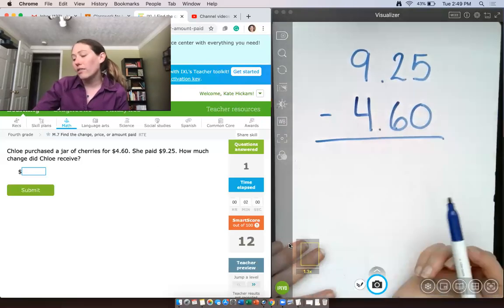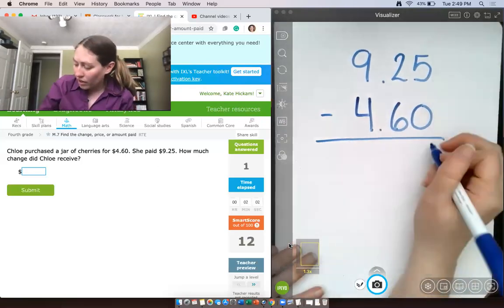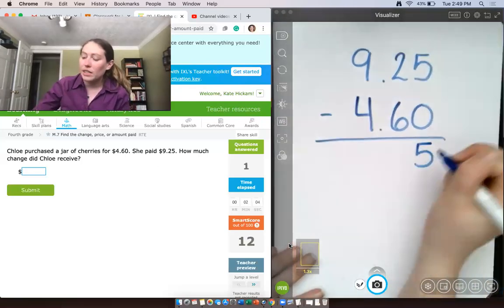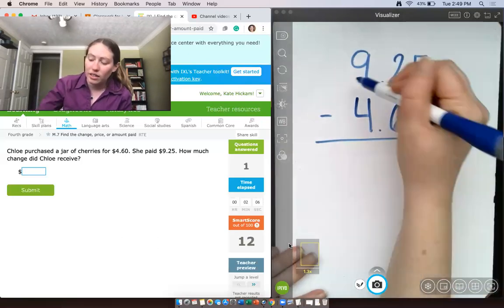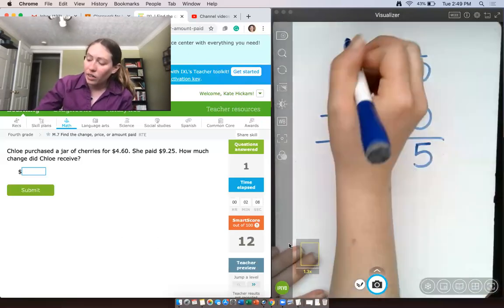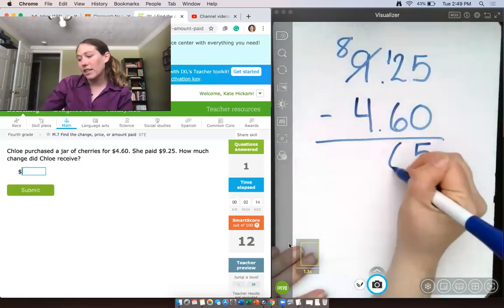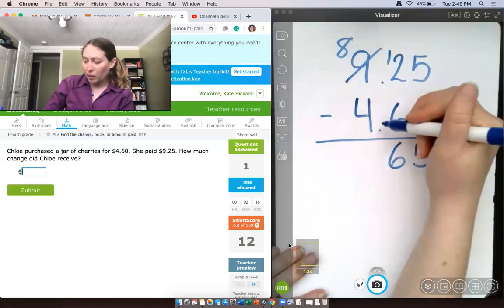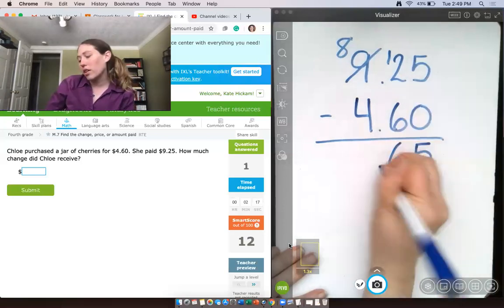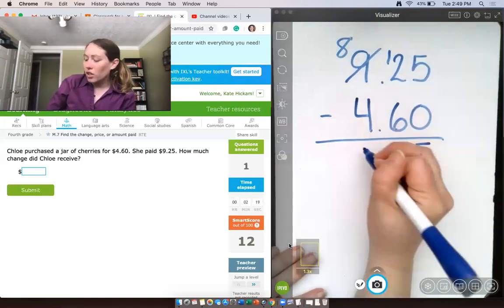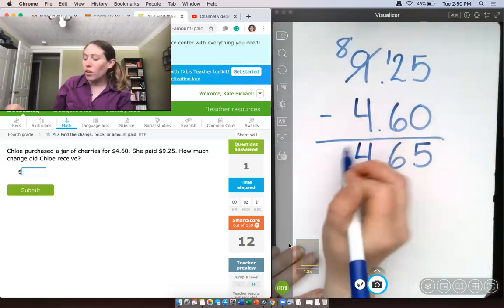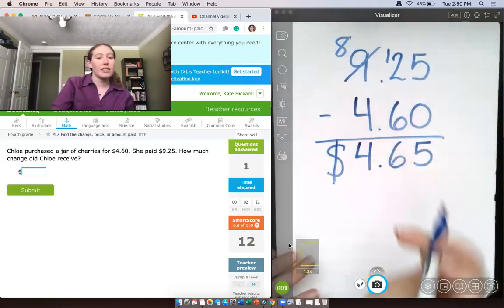So 5 take away 0 equals 5, write the 5. 2 take away 6 equals can't do it. Cross out the 9, write an 8, write a little 1. 12 take away 6 equals 6, write the 6. I've got my decimal here, I got to bring it down. 8 take away 4 equals 4, write the 4. So she was given back $4.65.